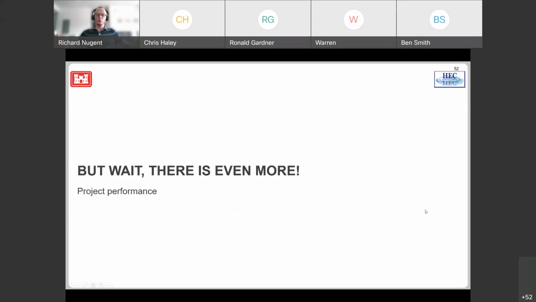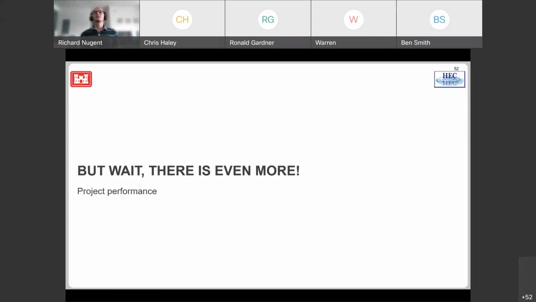So we have talked about assessing risk, and we have assessed risk for with-project conditions and without-project conditions based on a hydrologic relationship, a hydraulic relationship, and an economic relationship. So we have assessed risk, and we can compare the benefits to the costs.